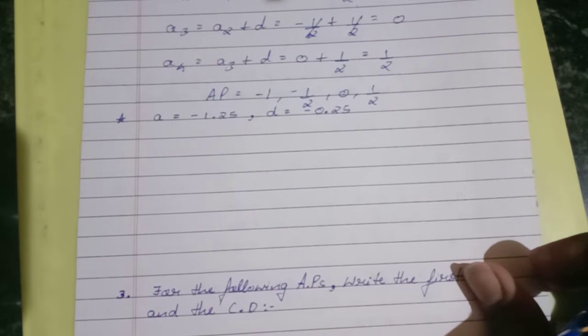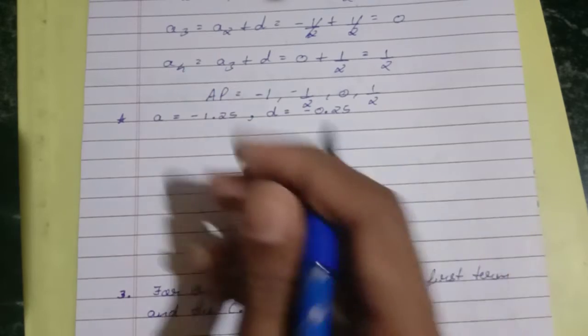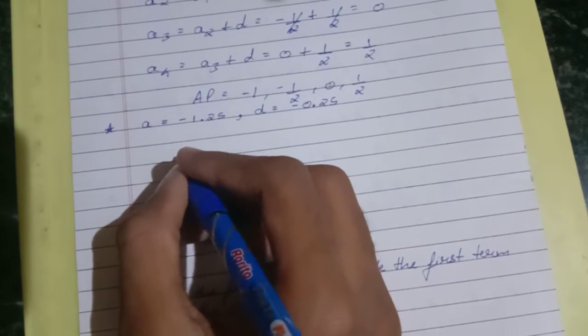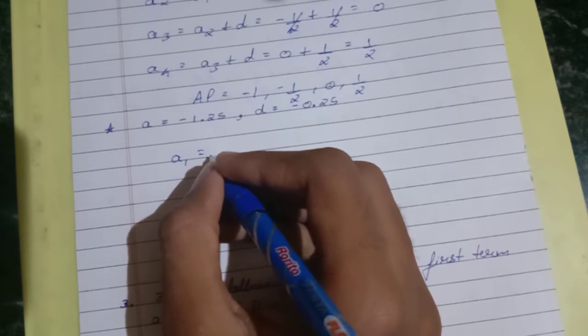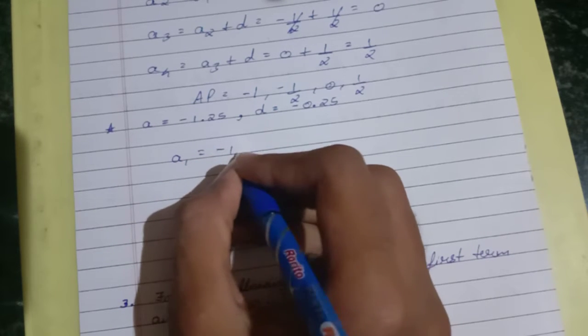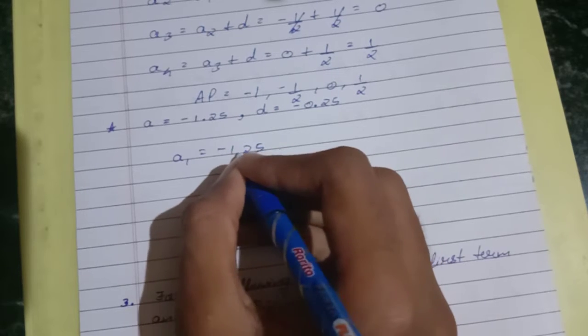Now let us go to the fourth sum. This sum is a bit complicated. We should be careful. A is equal to minus 1.25. A1 is equal to minus 1.25.